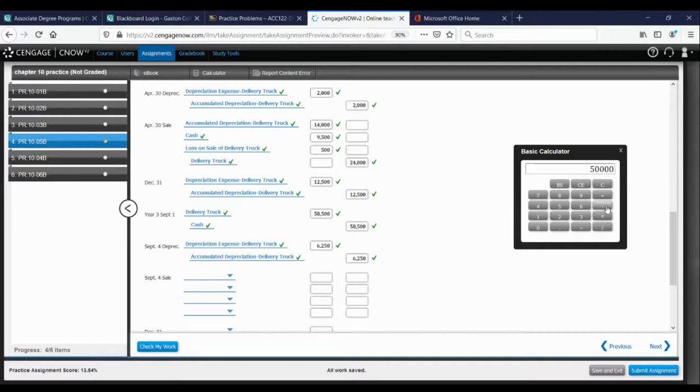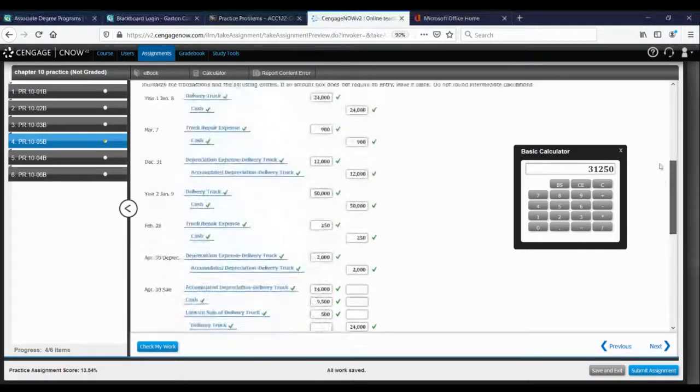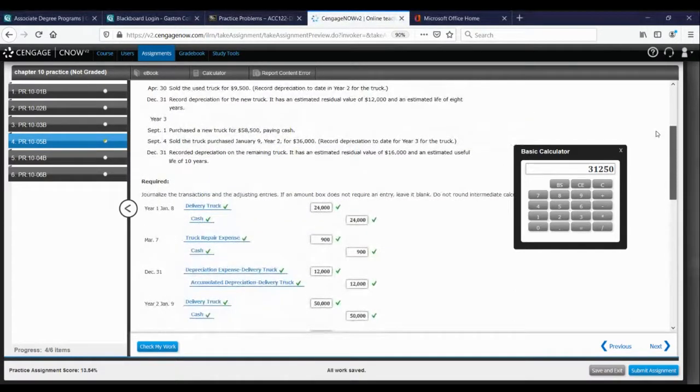We're going to subtract the accumulated depreciation to the date of sale, which was $18,750. That will leave us with our book value at the date of the sale. The book value at the date of the sale is $31,250.